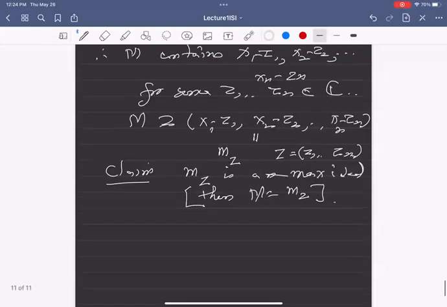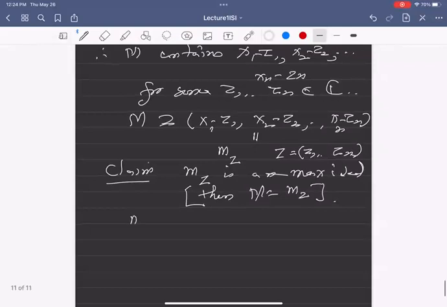Now, why is mz a maximal ideal? mz is the ideal generated by the linear polynomials x1 minus z1, x2 minus z2, up to xn minus zn. You want to show it's a maximal ideal. In a ring, how do you show that some ideal is a maximal ideal?